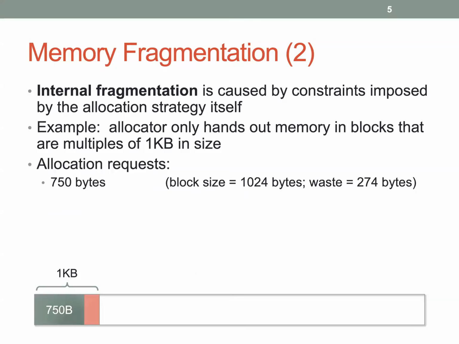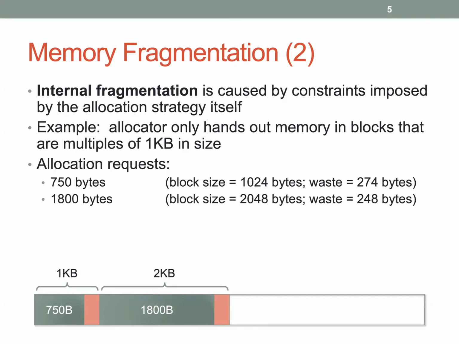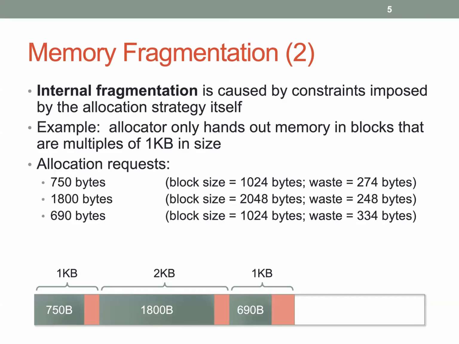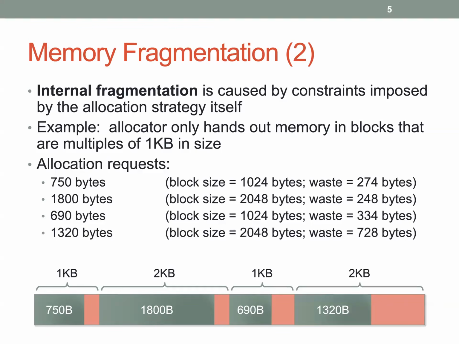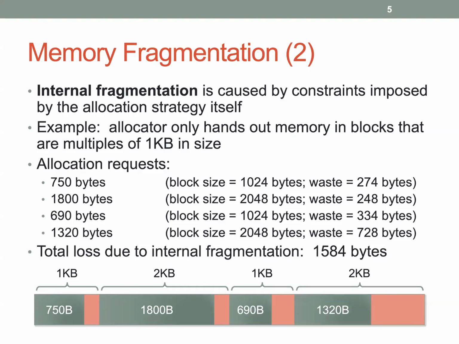And so if we had these allocation requests, 750 bytes, you can see the red section is a little bit of waste. 1800 bytes, we have a little bit of waste. 690 bytes, we keep rounding up to the next kilobyte. And then 1320 bytes, which is a terrible allocation request. And you can see that we've already lost almost 1.5 kilobytes of memory just to the fact that our allocator only allocates multiples of 1 kilobyte.